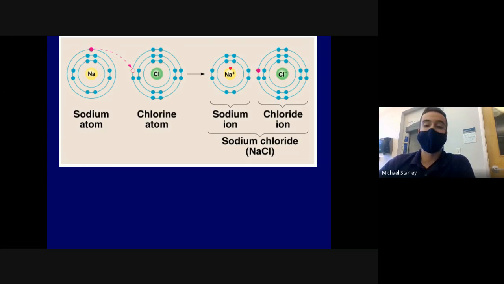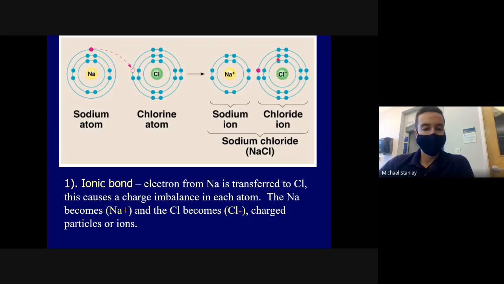Chlorine, on the other hand, gained an electron. It gained this negative charge. So chlorine became a little bit more negative. So when they become a little bit more positive or a little bit more negative, we call those ions. That's just a general term for this is a little bit more positive or this one's a little bit more negative.